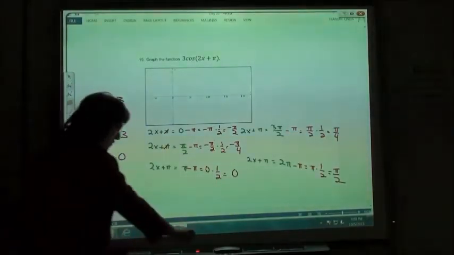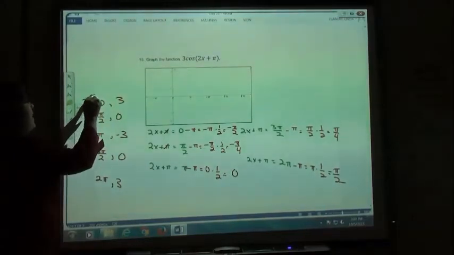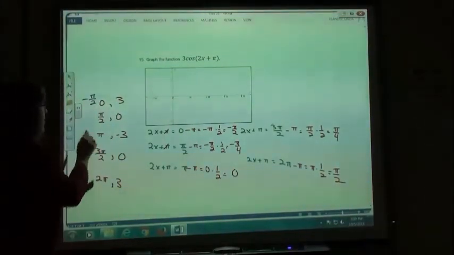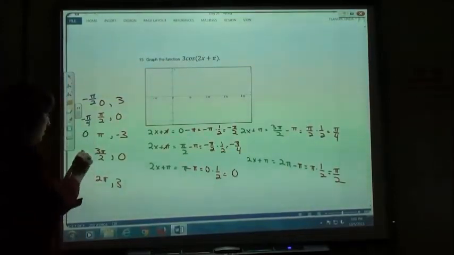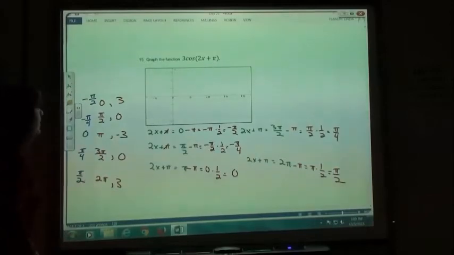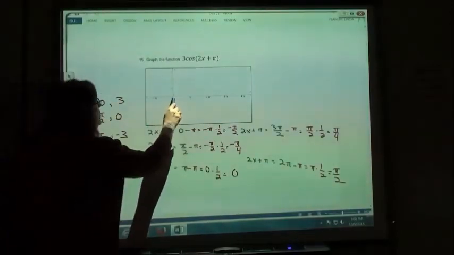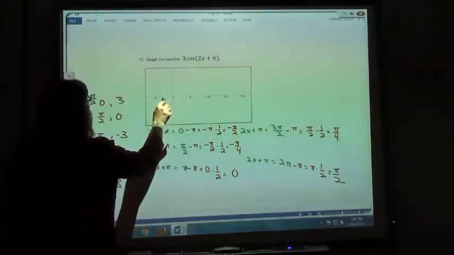So our new values. We're going to have negative pi over 2, negative pi over 4, 0, pi over 4, and pi over 2. So these are in fourths. 1, 2, 3, 4. So negative pi over 2 would be at a negative 1/2.